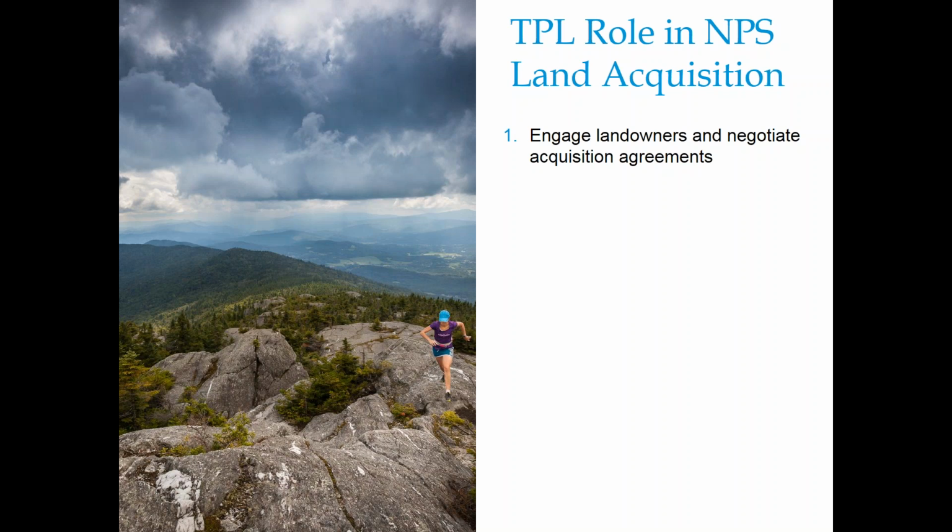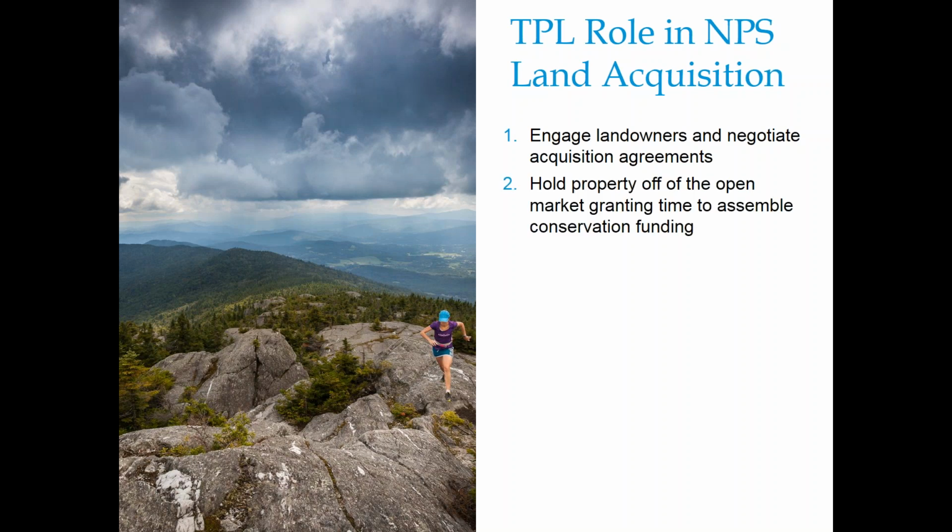And we as a private organization can oftentimes work with a private landowner on a different basis than a federal agency can working independently. A lot of times what we can do is take a threatened property and hold it off the open market, gaining time to go through the due diligence process and to assemble conservation funding.